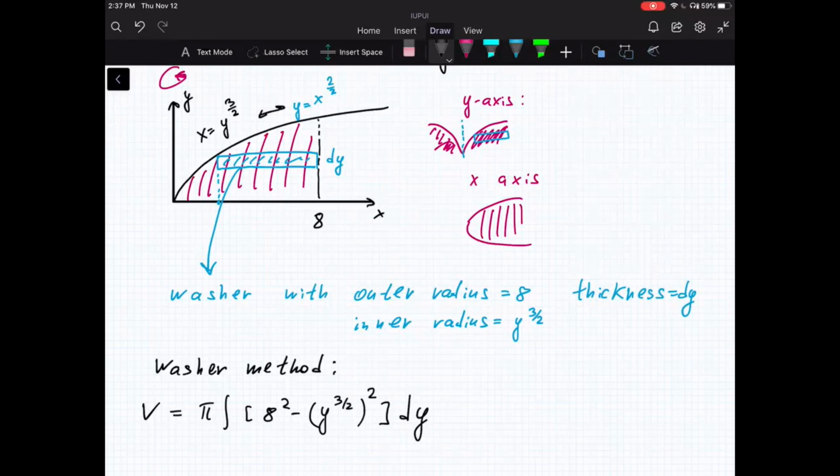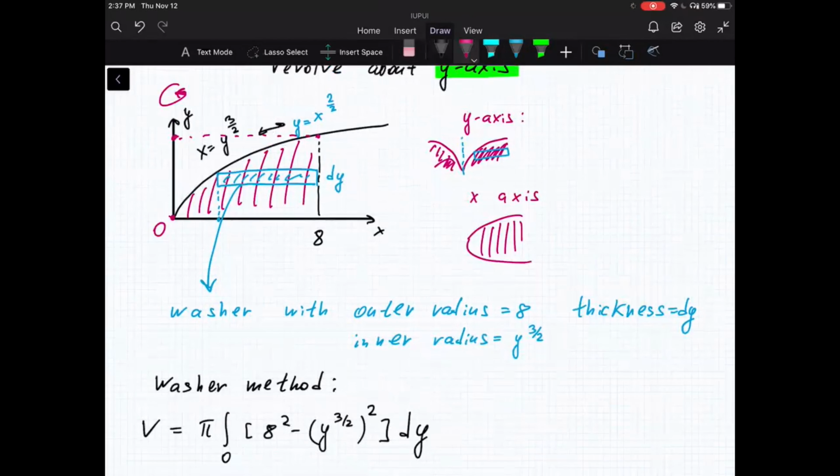And my limits: the lower limit is 0, while the upper limit should correspond to the point x equals 8. So this is 0. And how to find this value? I know that my y is x to the power 2/3.